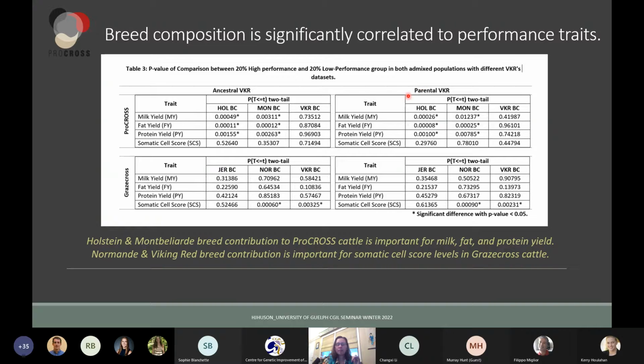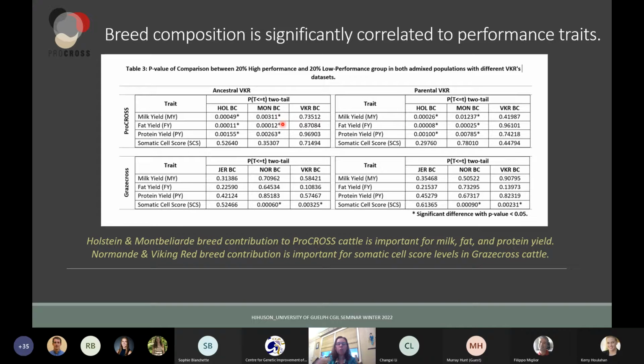And the bottom line was, it actually came up a little bit different. So the one thing that was consistent is breed composition plays a significant role in production traits and somatic cell score.